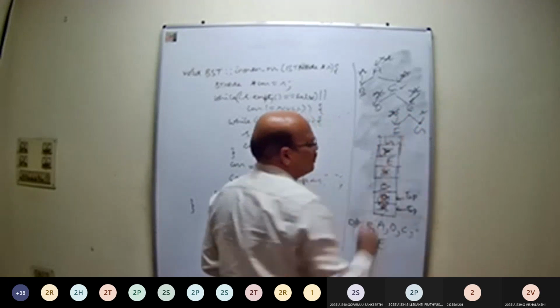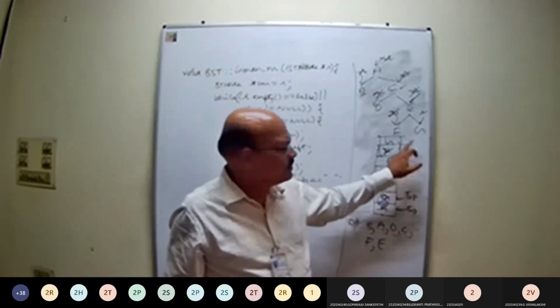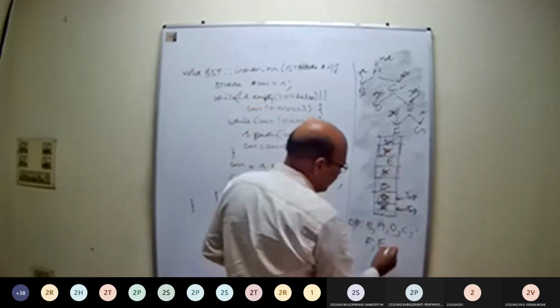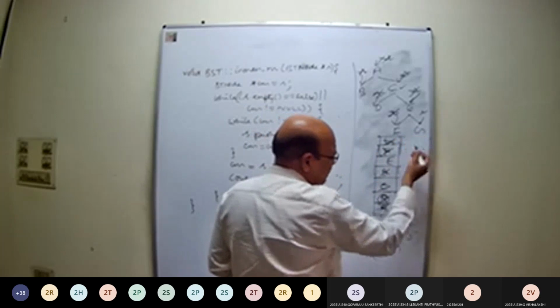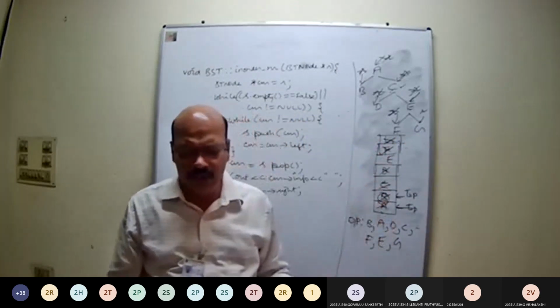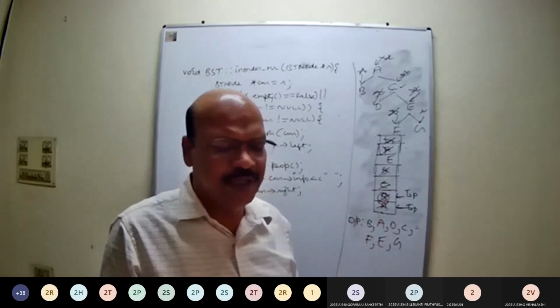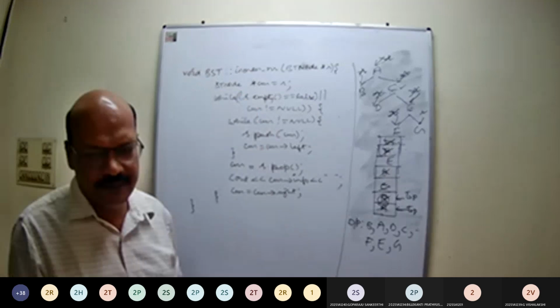Push G on the stack. G does not have a left chain, so pop out G and display it. G, does it have a right chain? Finally, when there are no more nodes, or when your stack is empty, you can stop your traversal.